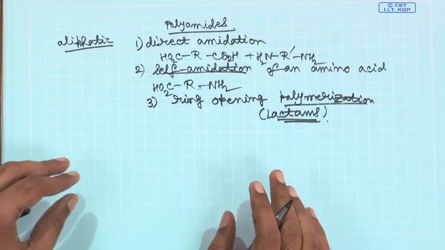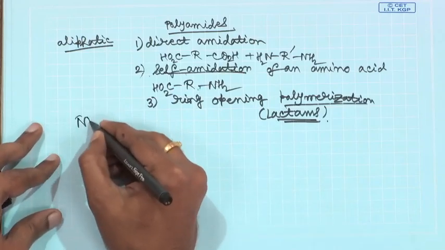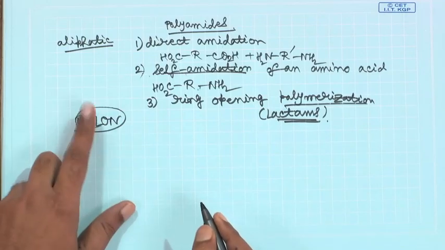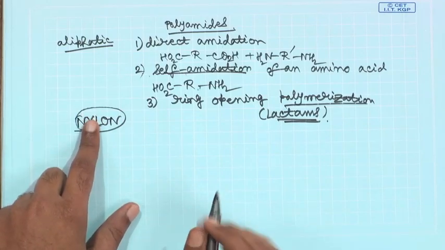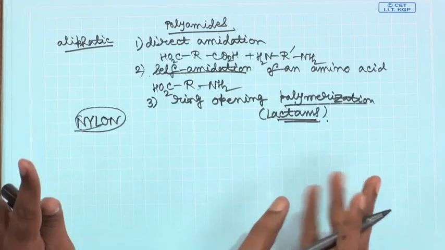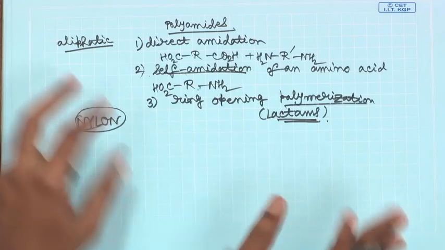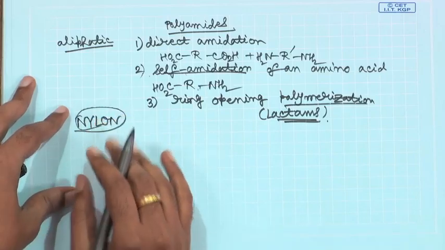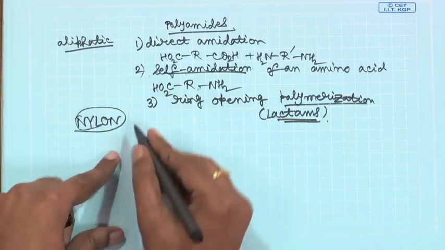Now, we have heard this name nylon a lot. Nylons. What are these nylons? Nylon is basically a trade name for polyamides which are made from unsubstituted non-branched aliphatic monomers. So, nylon is typically not only one material, it is a class of materials.